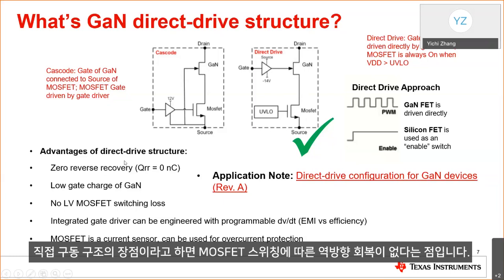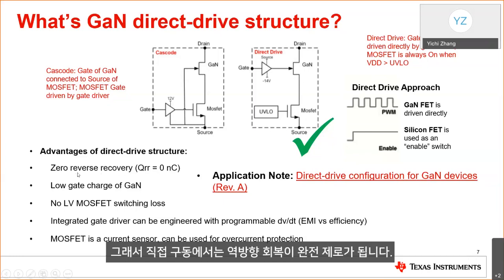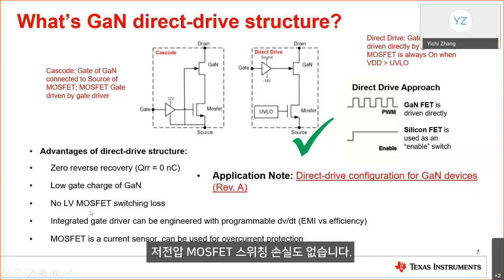Some of the advantages of the direct drive structure is it doesn't have the reverse recovery from the switching MOSFET. So you have absolutely zero reverse recovery with direct drive. And you will have the benefit of the low gate charge of the GaN FET. You don't worry about the MOSFET switching on and off, and also you don't have the low voltage MOSFET switching losses.